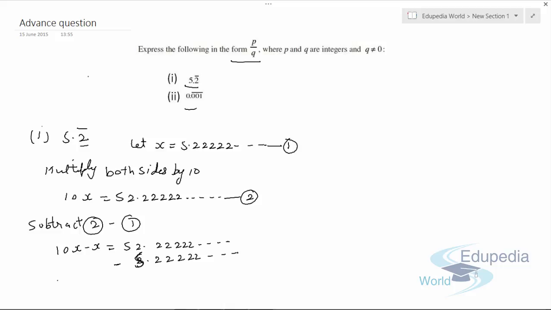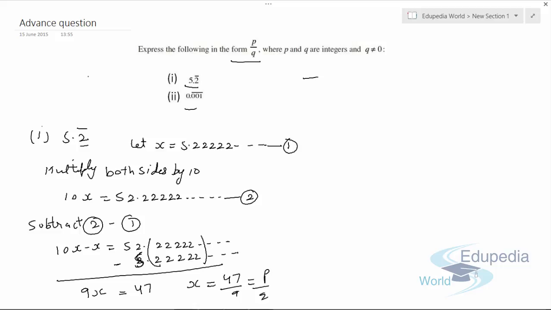So we get 9x equals, this part will cancel out, and this comes out to be 47. So the answer is 47 upon 9. So this is the p by q form.